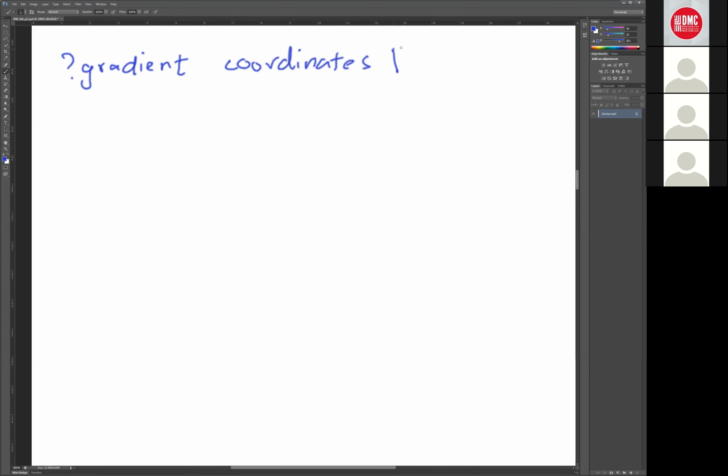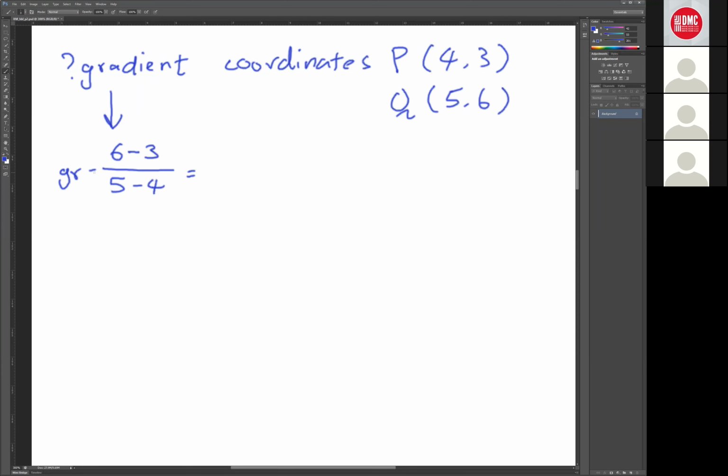The coordinates given are P, 4 and 3, and Q, 5 and 6, sorry. So let's find the gradient. What's the equation of the gradient? y2 minus y1 over x2 minus x1, so 6 minus 3 divided by 5 minus 4, and we have gradient is 3.